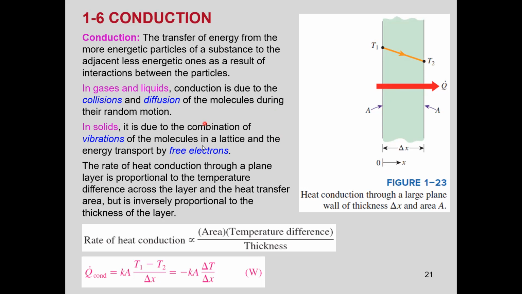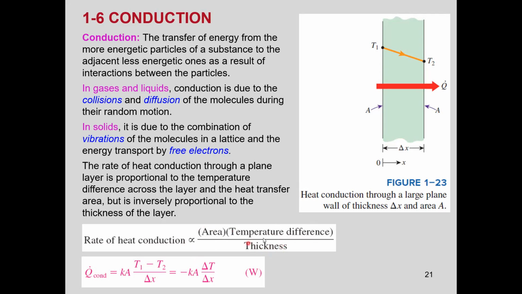Experimental observations show that the rate of heat transfer is proportional to area, the temperature difference T1 minus T2, and inversely proportional to thickness. I think you can all relate to that.